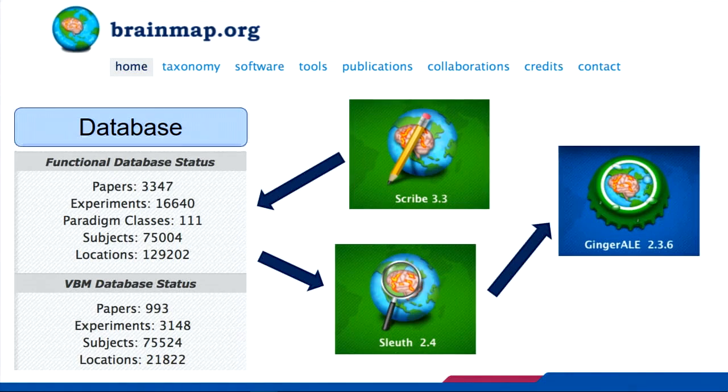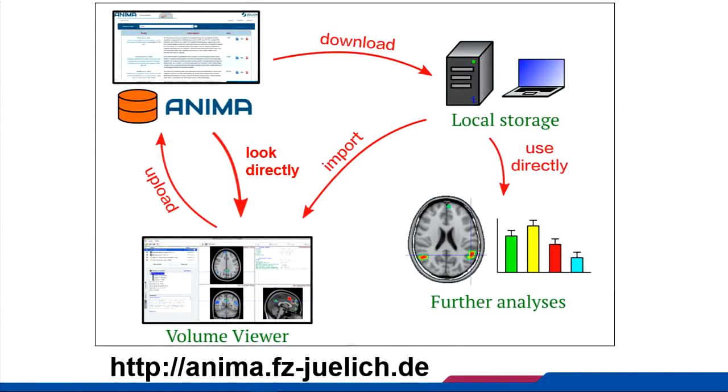And I think that's the main advantage. We can have both the quick and easy and the very intricate aspects. You can then analyze the data using ginger ale. And last but not least, I would encourage you to then share the meta-analysis results, share the results you got that represent the convergence of the literature using the Anima database.